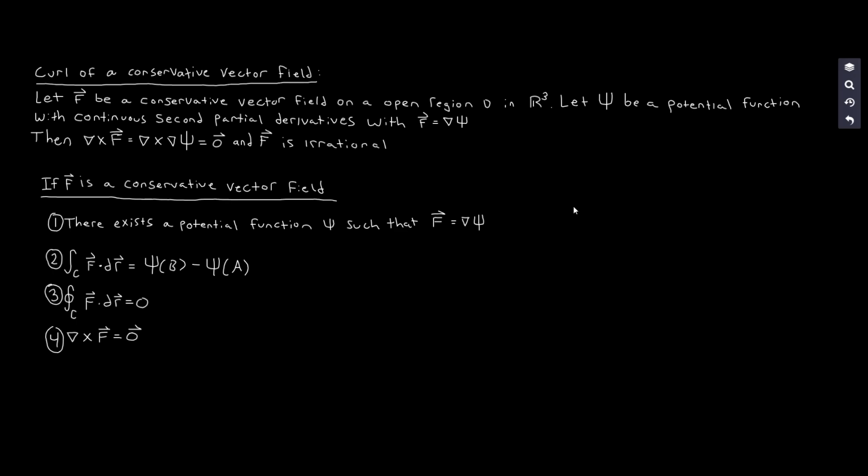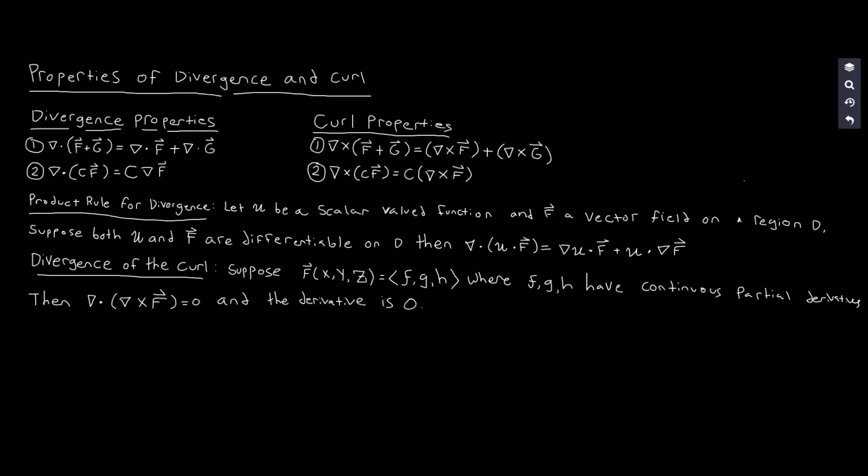And if we have a closed curve, for that same integrand, vector F dot d vector r equals 0. And the gradient cross vector F equals 0. Now there are properties of the divergence and curl that we can go over as well.